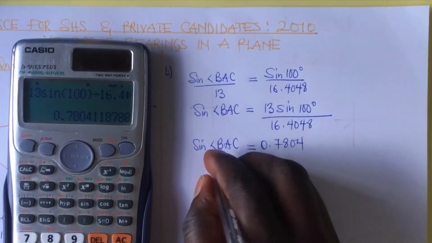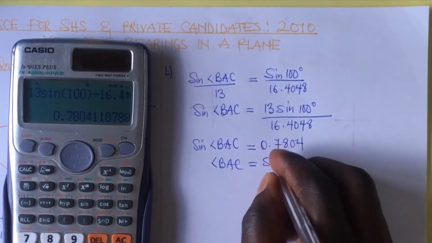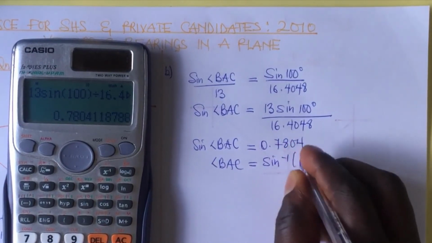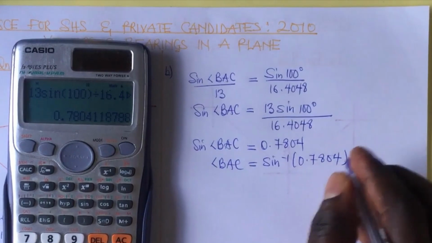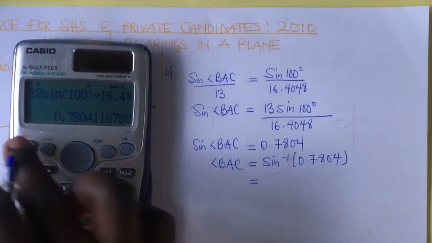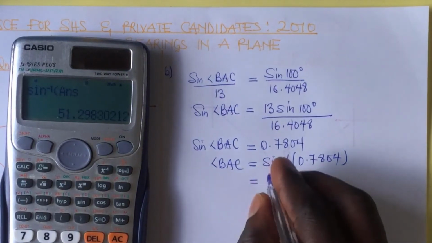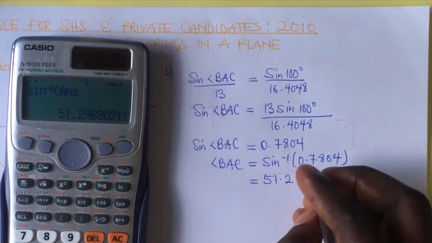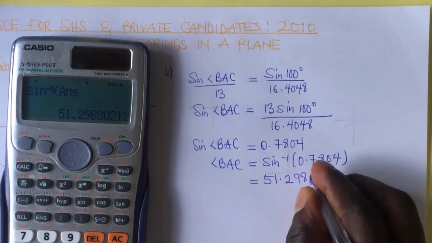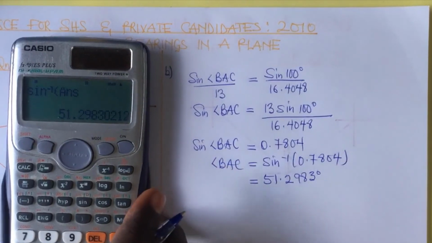So our angle BAC is equal to sine inverse of 0.7804, and that one will give us 51.2983 degrees.